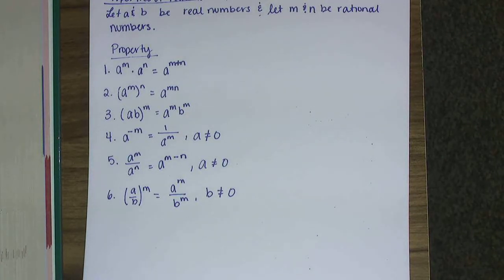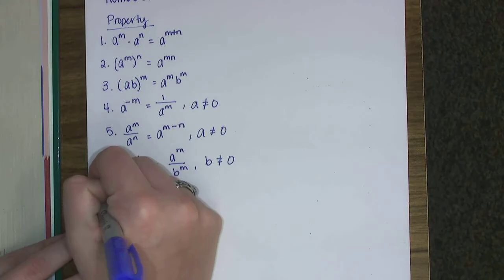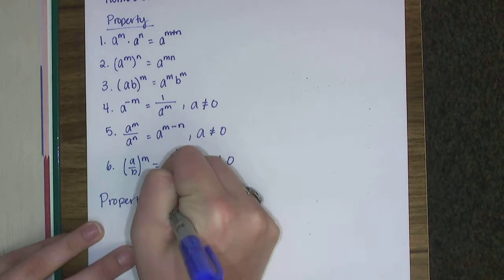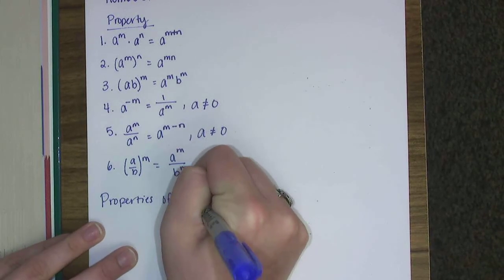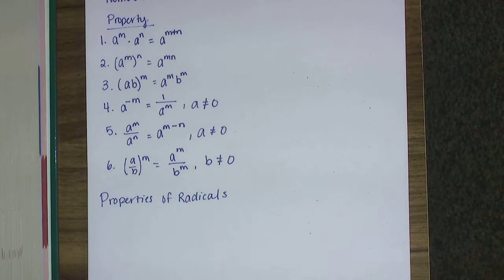So then we have the properties of radicals now. Remember in 6.1 we did some stuff with radicals, and writing them as a fractional exponent. So we're going to look at that now.